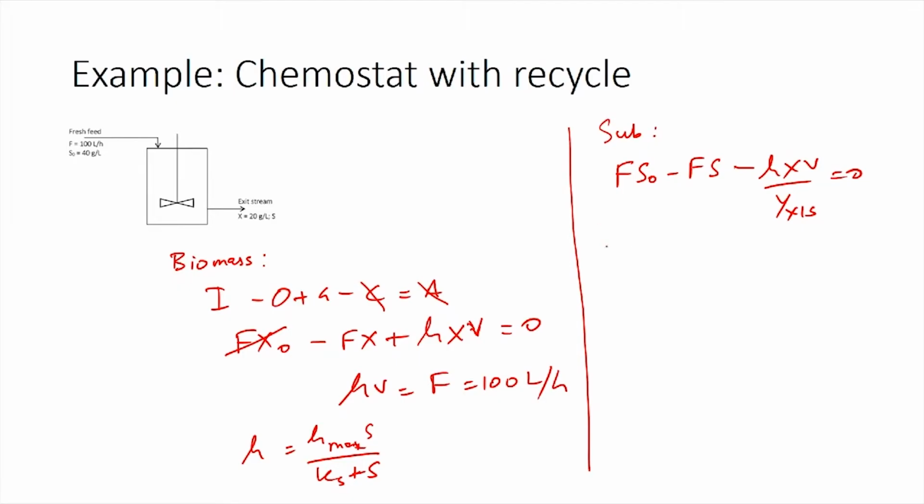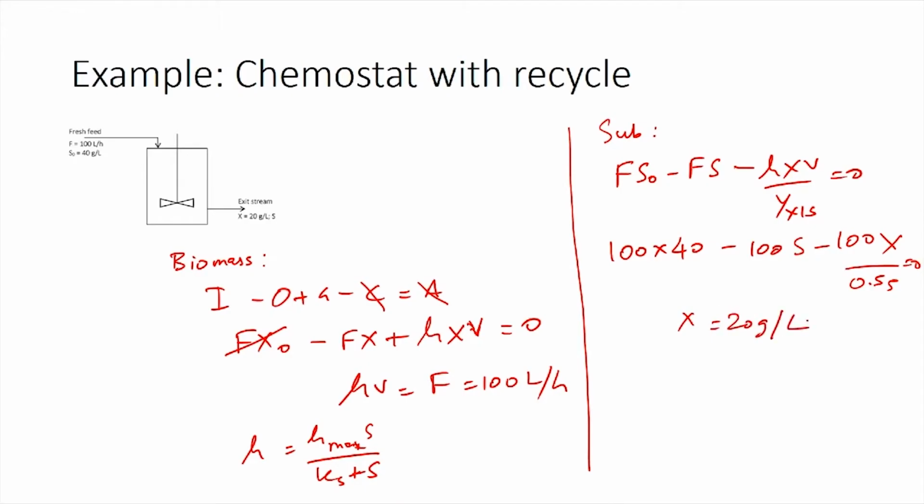Let us do that. So, F is 100 times S naught, which is 40, minus 100 times S minus mu times v is calculated as 100, which is F, and this times x divided by Yxs, which is 0.55 equals 0. We know that the desired x is 20 grams per liter.